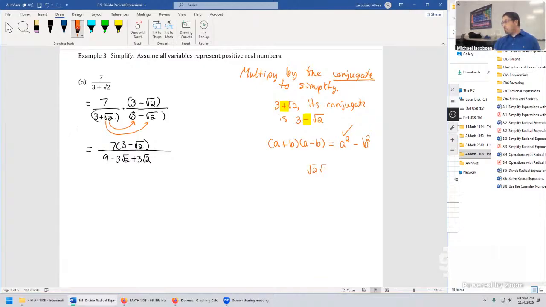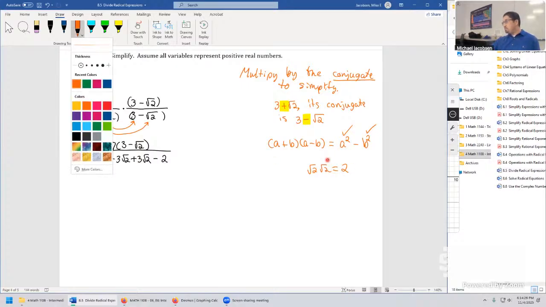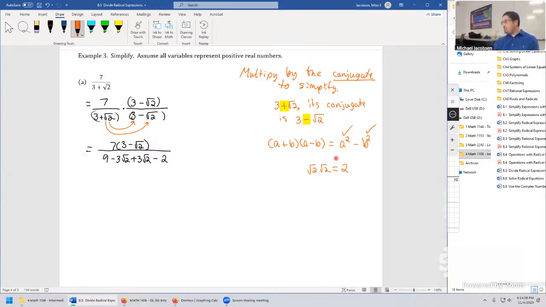So root 2 times root 2 is just 2 itself. So this becomes a minus 2. But minus 2 is just the square root of 2 squared. In other words, root 2 times root 2 can be thought of as root 2 squared, but either way you write it, you get a 2 out. The root 2 squared is like the b squared that we see over here. And just like we predicted, the middle terms completely cancel out.